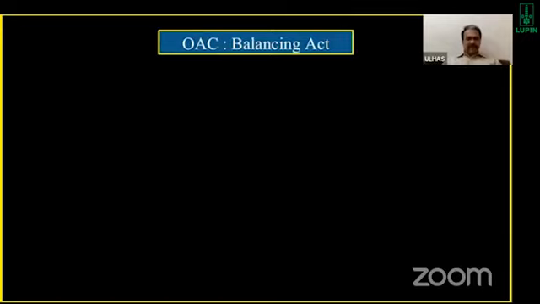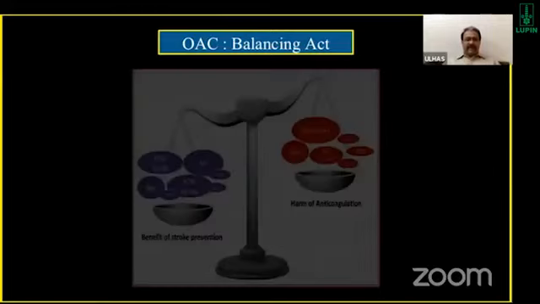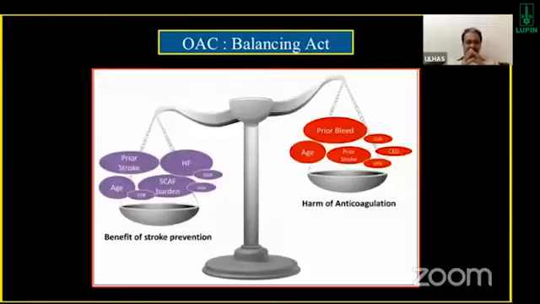One should remember whether you are really looking at the AF burden in preventing the stroke in your patient. One thing we should remember is that recommending oral anticoagulation may be very easy, but the patient is really at risk of the harm of your prescription, because oral anticoagulation is a double-edged sword.